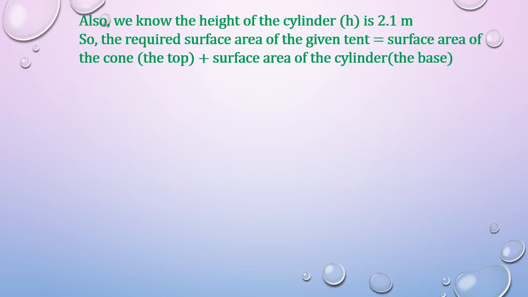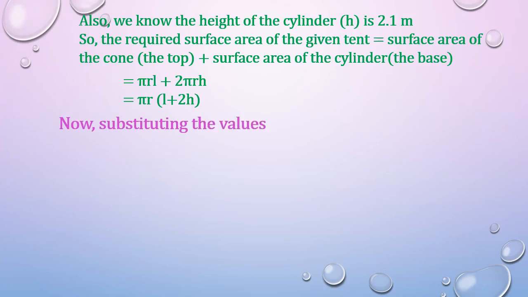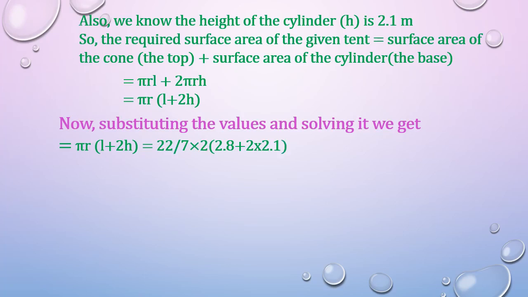Is equal to pi RL plus 2 pi RH, which is equal to pi R is common into L plus 2H. Now substituting the values and solving it, we get pi R into L plus 2H is equal to 22 by 7 into 2 into 2.8 plus 2 into 2.1, which is equal to 44 meter square.